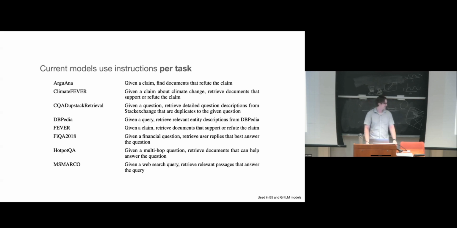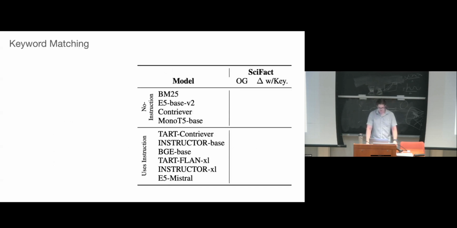My intuition was that this is not an instruction they're following. This is just sort of a keyword. So as an experiment, we took the model and the original query, used it with the instruction they gave, and then changed it to only use one keyword from that instruction. If it's like find a financial document, I'm going to put the word finance as the keyword.